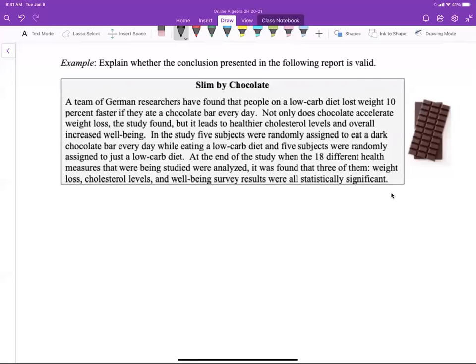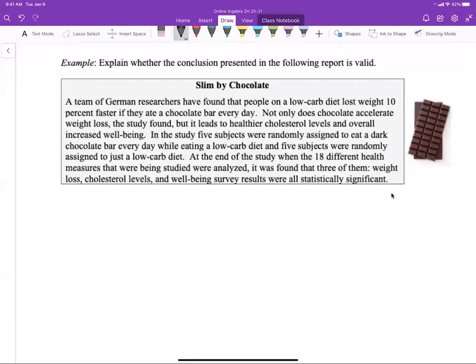Not only does chocolate accelerate weight loss, the study found, but it leads to healthier cholesterol levels and overall increased well-being. In the study, 5 subjects were randomly assigned to eat a dark chocolate bar every day while eating a low carb diet, and 5 subjects were randomly assigned to just a low carb diet.